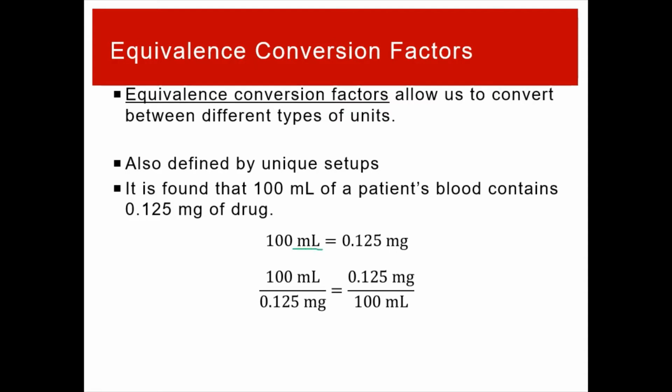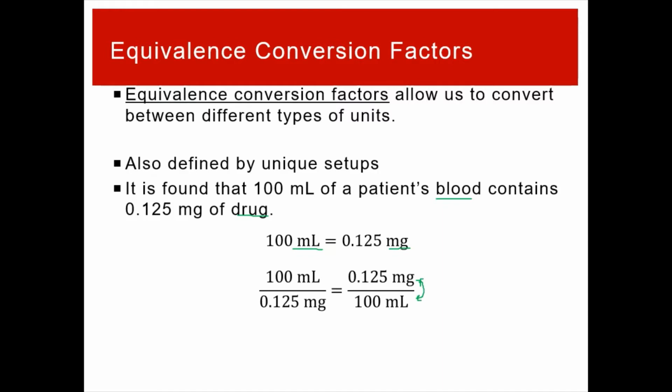In this case, not only do you have a specific relation between different types of measurements, volume and mass, it's particular volumes of something. It's a volume of blood and a mass of drug. And because those are equal to each other, you can then use that relationship to develop your conversion factor. You can go from milliliters to milligrams or milligrams of drug to milliliters, right?